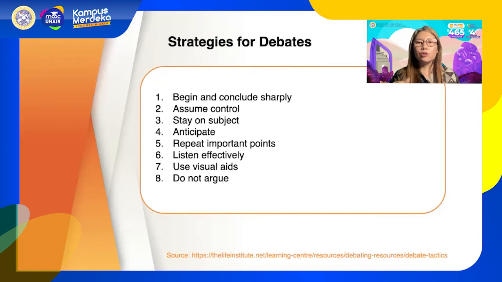For instance, use charts, statistics, images, and video to get your points across. They are very helpful to get your points understood by your audience.